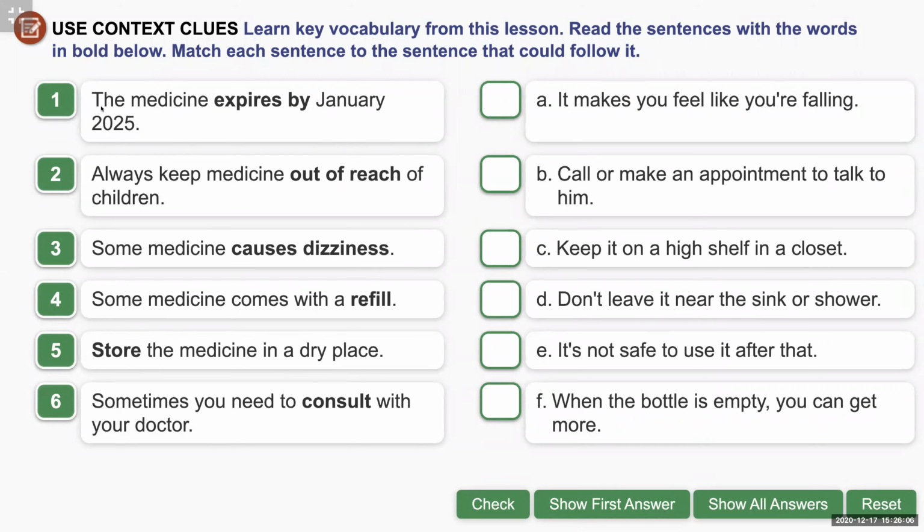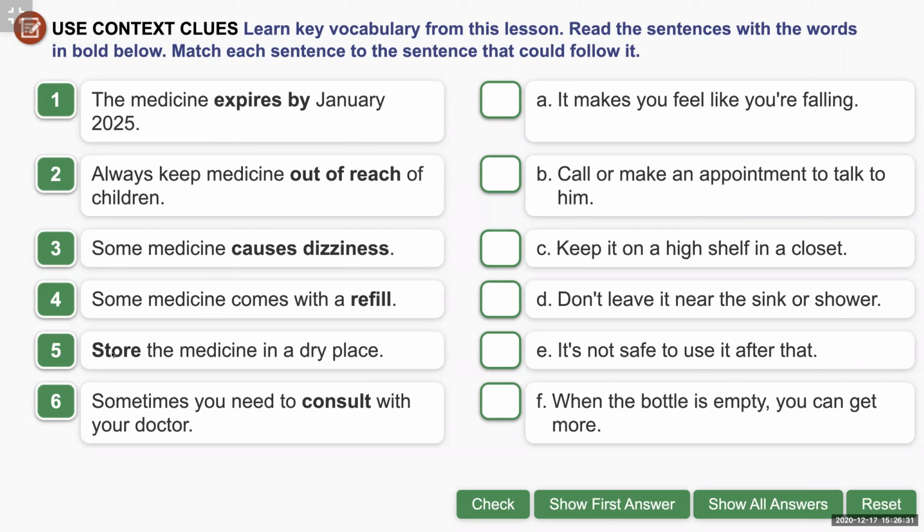Number 1 says, the medicine expires by January 2025. 2, always keep medicine out of reach of children. Number 3, some medicine causes dizziness. Number 4, some medicine comes with a refill.